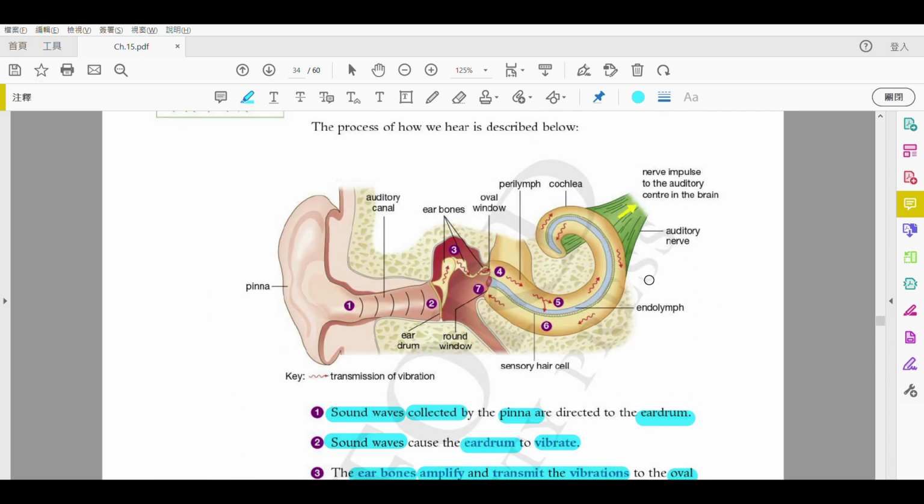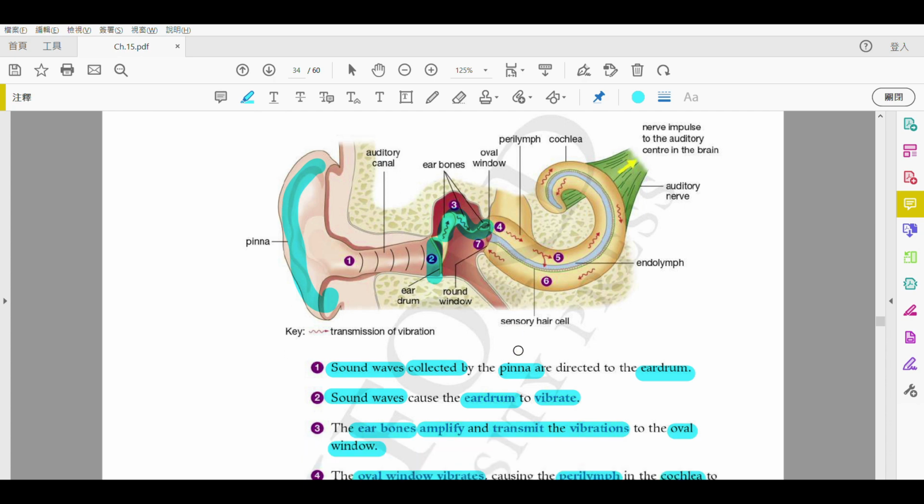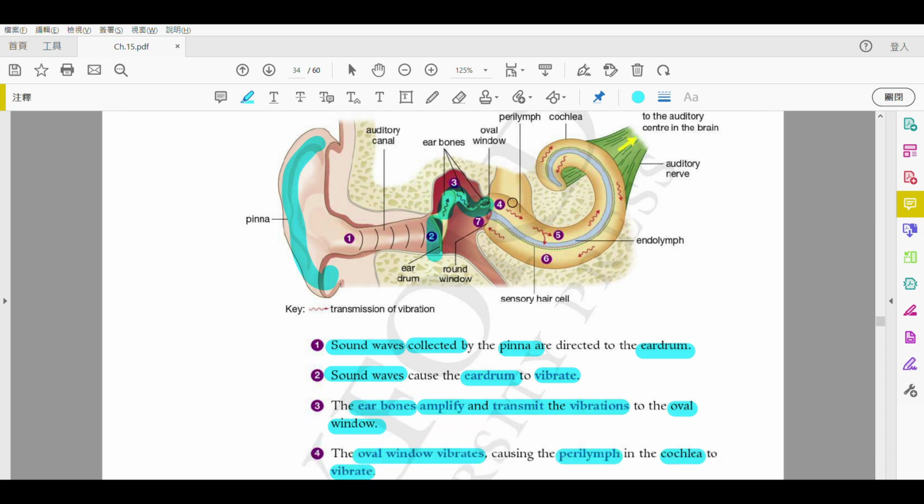Just look at this diagram, very easy. First of all, the pinna is collecting the sound wave and then through the auditory canal to the eardrum, which converts the sound wave to vibration, and then ear bone amplification, and transmit to the oval window. Oval window will pass the vibration to the perilymph.